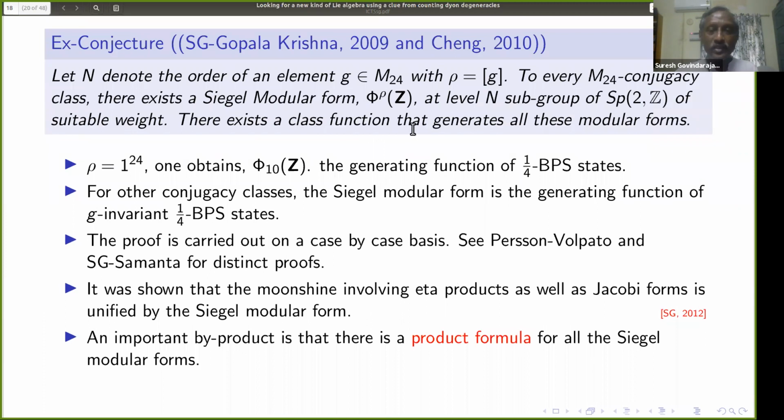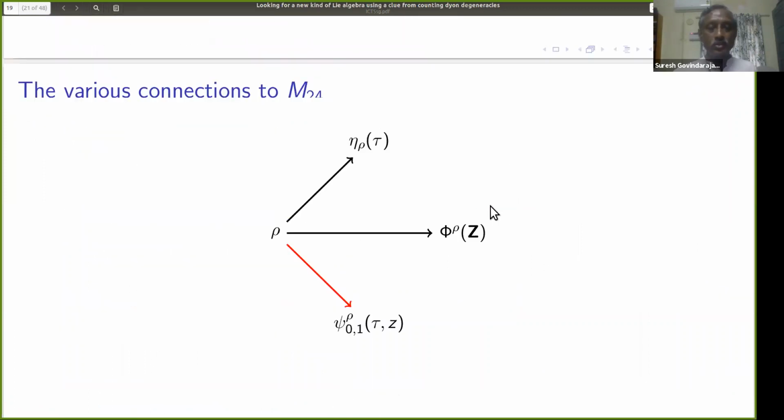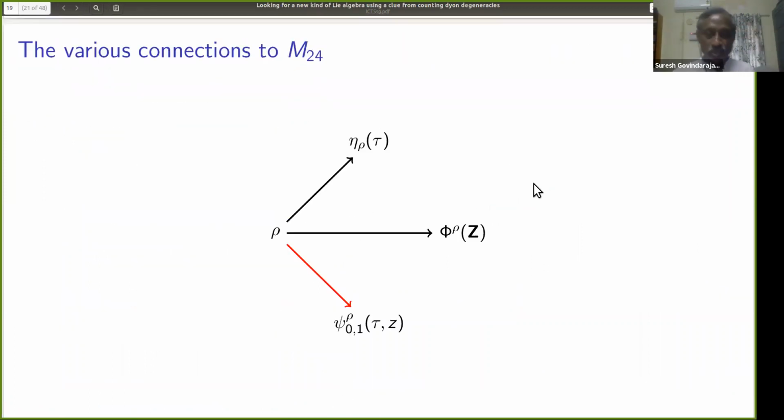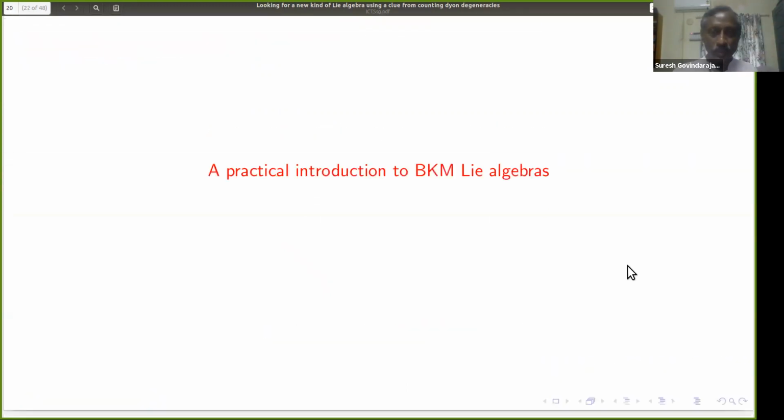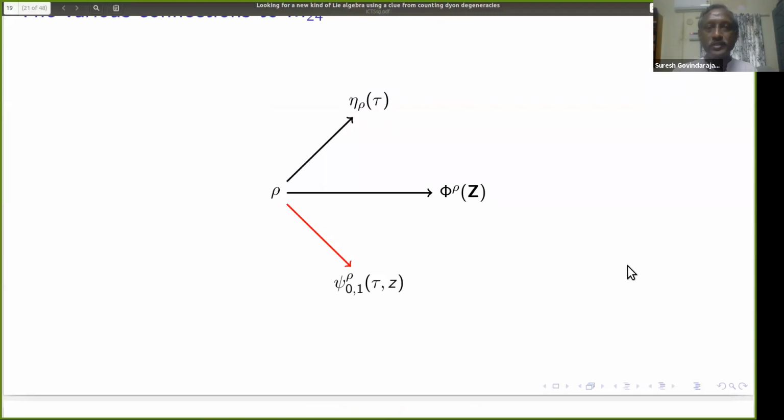So there are these phi's, and we actually have a way of writing them as a product. So let me just pause here and say that what we have is, if you give me a conjugacy class of M24, you get an eta product, you get a Siegel modular form, you get a Jacobi form. And each of these are class functions. Again, I'll pause here for any questions.